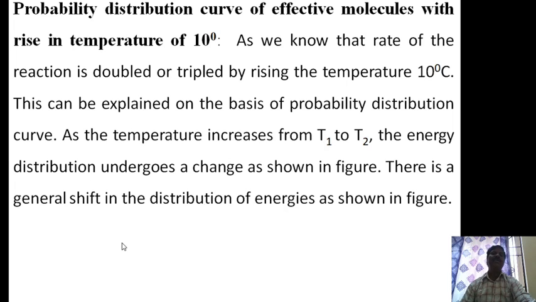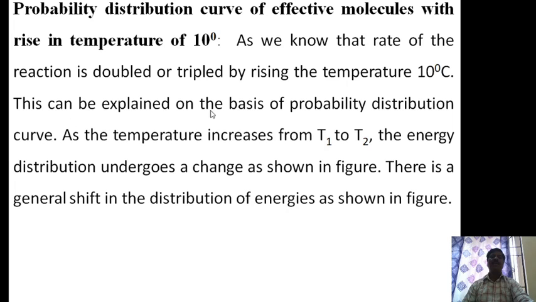Now, in the last part, we have to explain why, with a 10 degree rise in temperature, the rate of the reaction almost doubles. That can be explained using the probability distribution curve of effective molecules with a 10 degree rise in temperature. As we know, the rate of the reaction is doubled or tripled by raising the temperature 10 degrees.